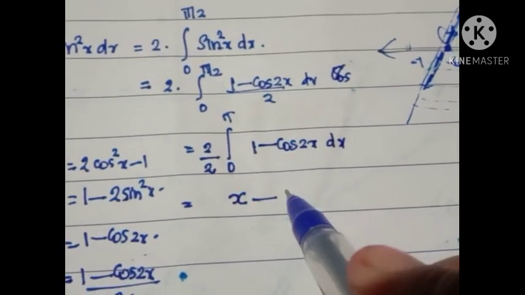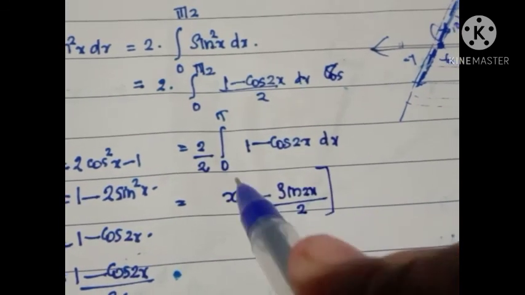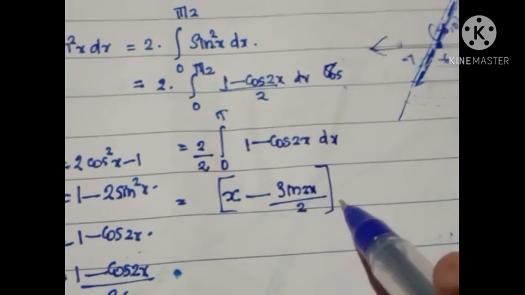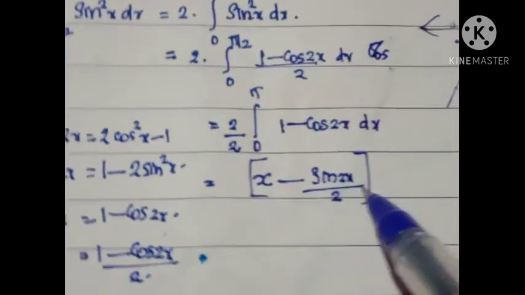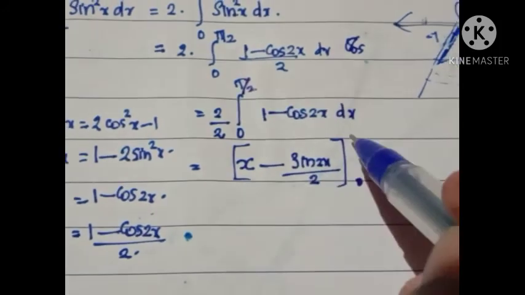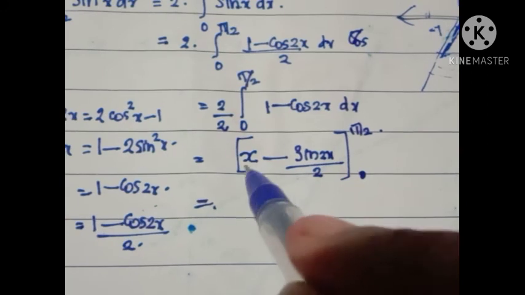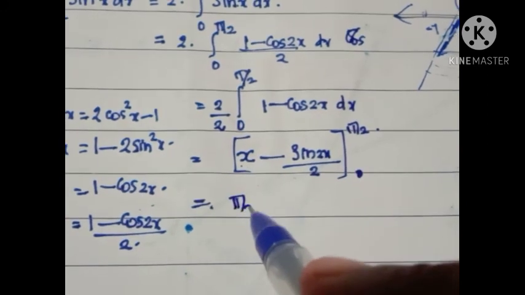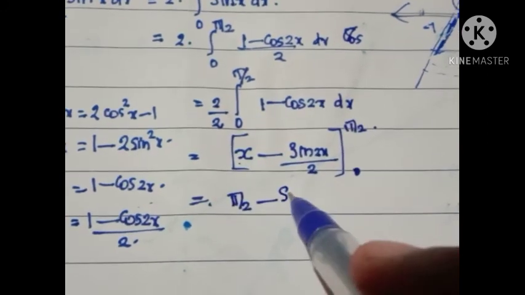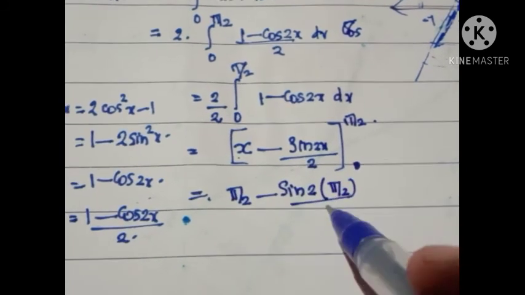Integral of cos 2x is sin 2x by 2. Don't forget to write this 2. So x minus sin 2x by 2 within the limit 0 to pi by 2. Now apply the limits. Upper limit: pi by 2 minus sin 2 into pi by 2 by 2.